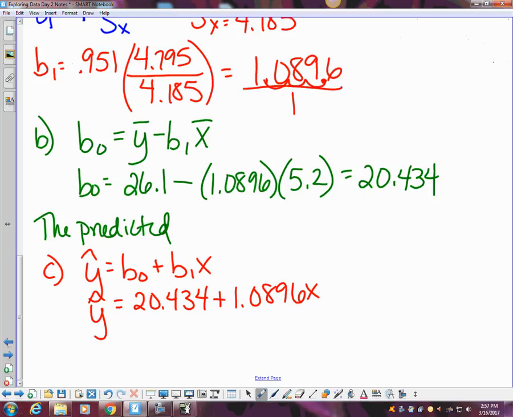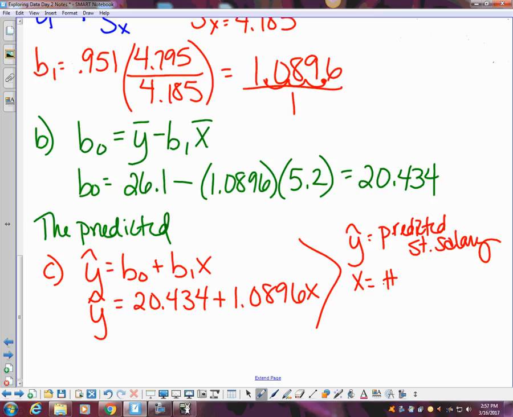Now, I've just used variables in here, and I have to define my variables. Do y'all remember doing that? So y hat is the what? Predicted starting salary. And x is number of months experience.